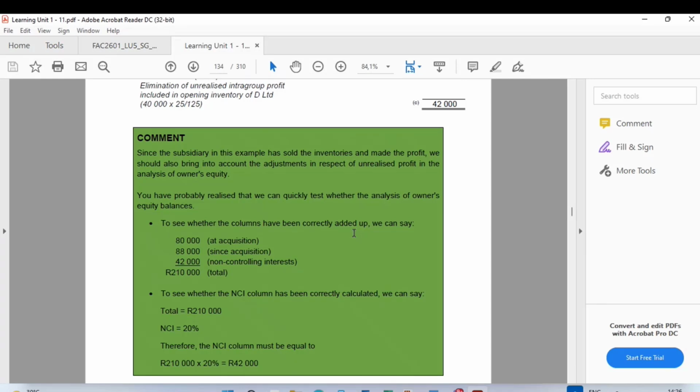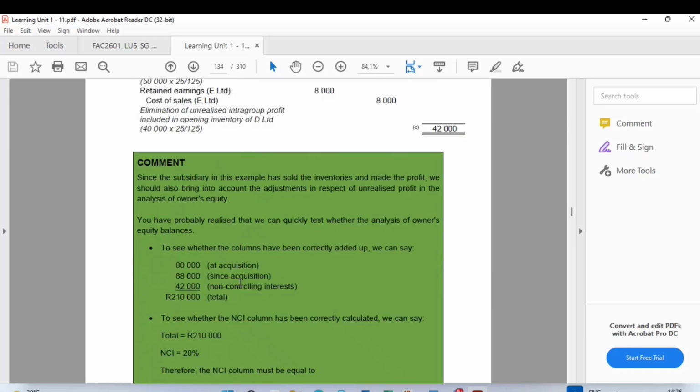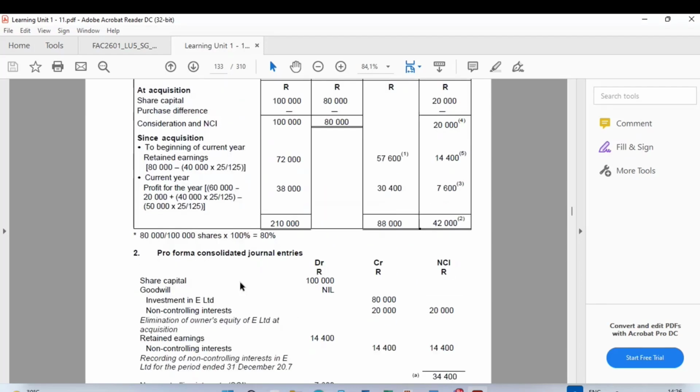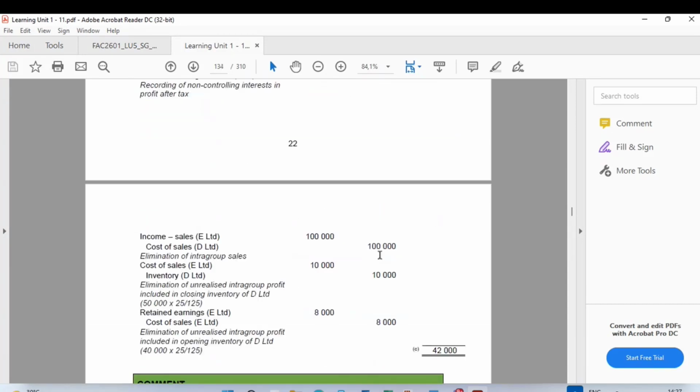To see whether the NCI column has been correctly calculated, we say the total of 210, then NCI equals 20%. So you say 210 times 20%, it must give you 42,000, just to check if everything balanced.